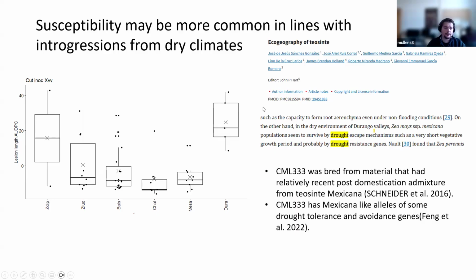So it seems like the lines from the drier climates might have more susceptibility to XVV, whether this is just lower disease pressure so they didn't need it, or it has some advantage, some role in adaptation to drier climates, is something we're interested in exploring further.